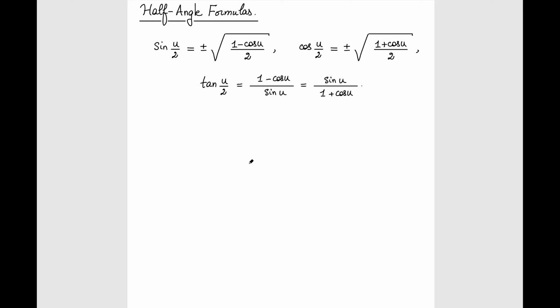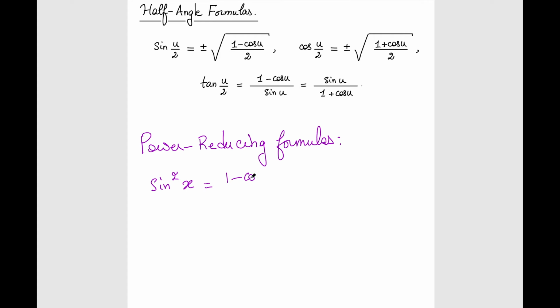So let me take you back to the page where we are. The power reducing formulas, let me just remind you of what we just talked about. So sine squared x equals 1 minus cosine 2x over 2, right?